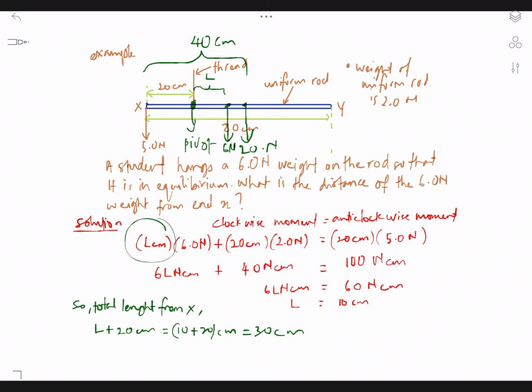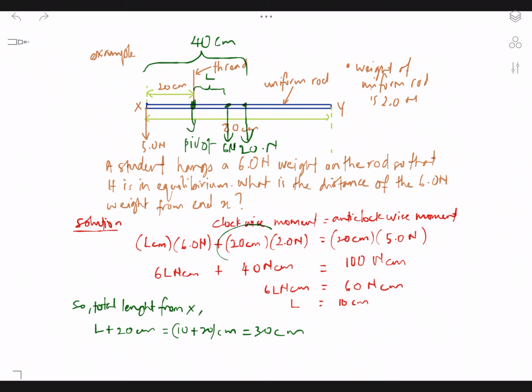So L multiplied by 6. Remember this is the force, plus, remember we have two moments here. The first moment comes from the weight, and another moment comes from the weight of the rod itself.